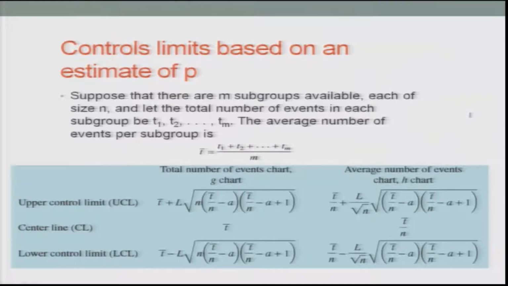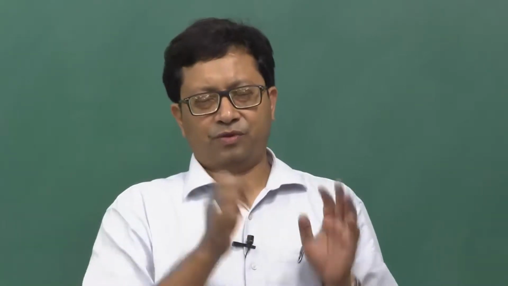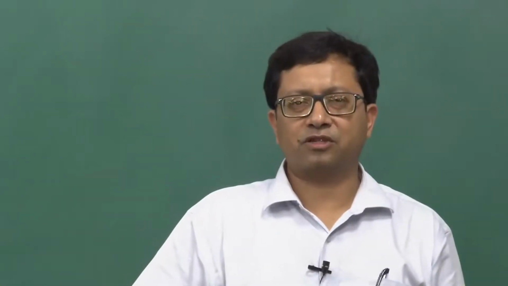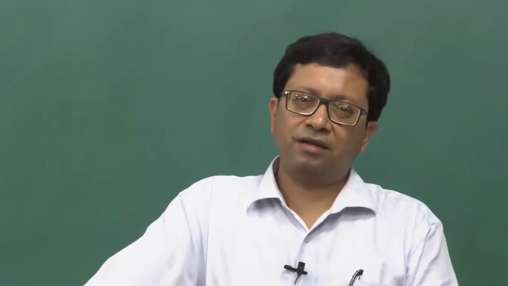So, the control limits are based on an estimate of P. Suppose that there are m subgroups, as we have discussed in the 30th lecture. So, we had subsamples. We take the first one, the second one, third one, fourth one, and continue taking, and we take m number of such sets of observations. In each, initially if the sample size was fixed, we took n observations in each set.